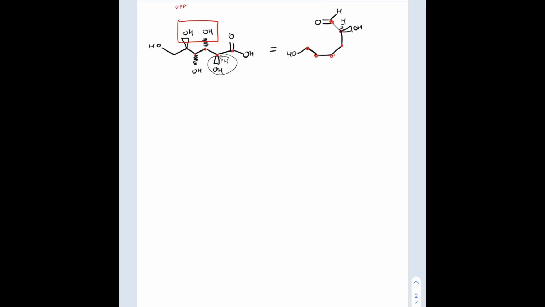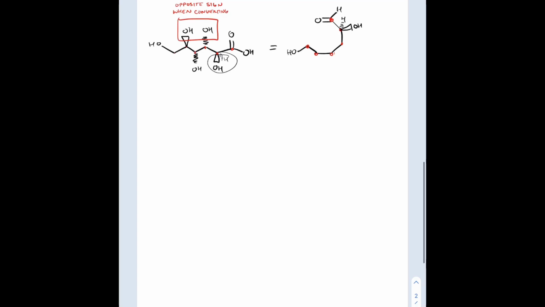And so one thing to note is the OHs on the top, when you convert it to this sort of pseudo ring structure, those are going to be the opposite sign when you rotate to make that ring structure.